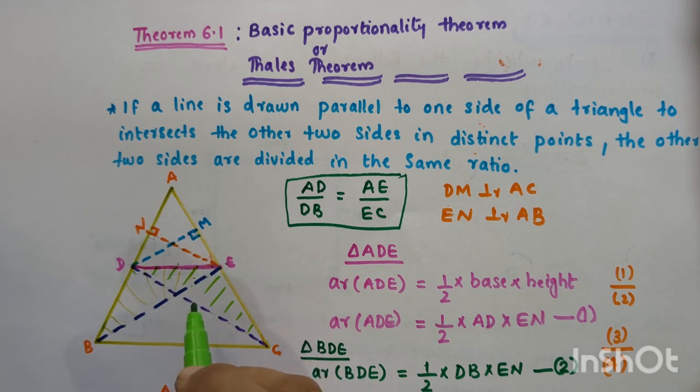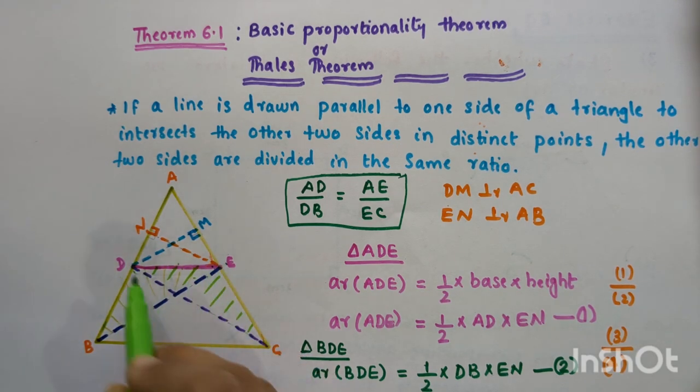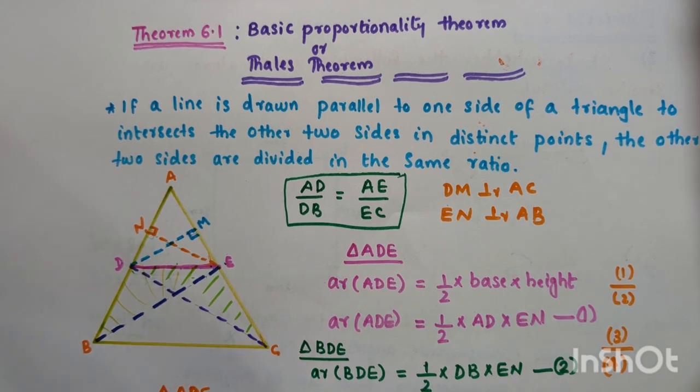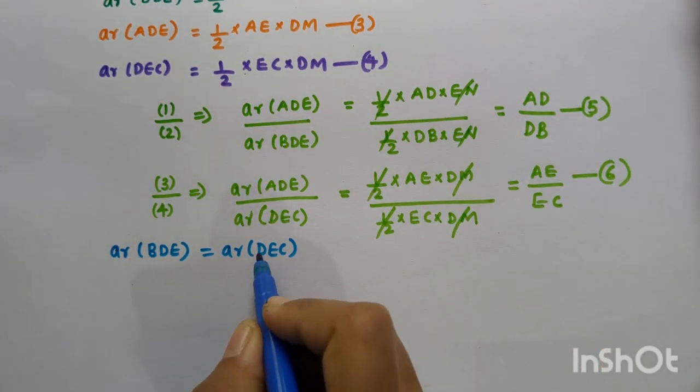In 9th standard you have learned that for two triangles which have the same base and are between the same two parallel lines, the area of triangle BDE will be equal to the area of triangle DEC.